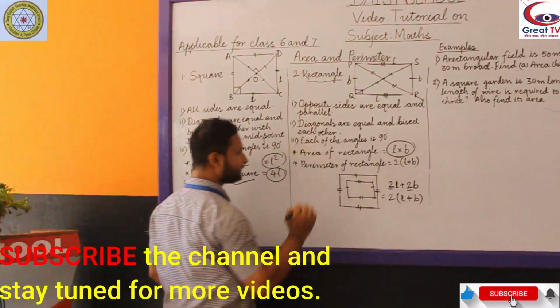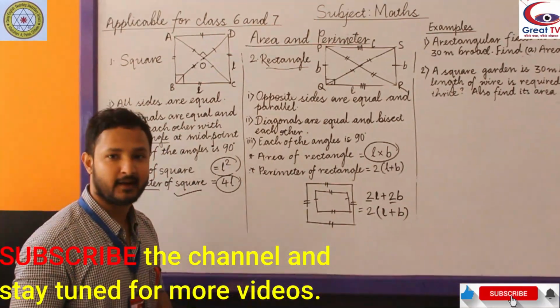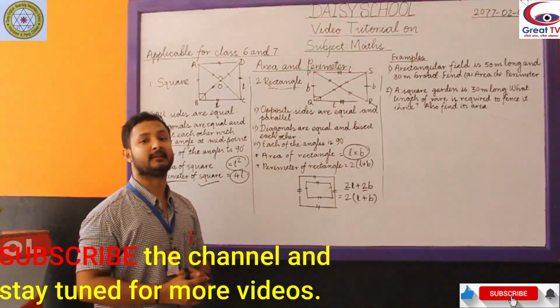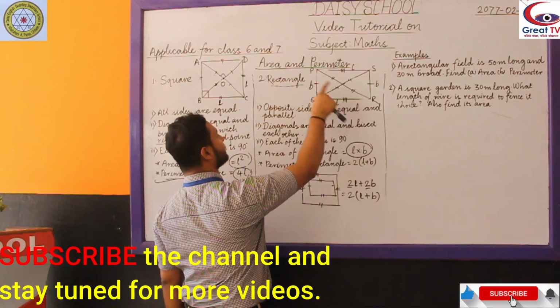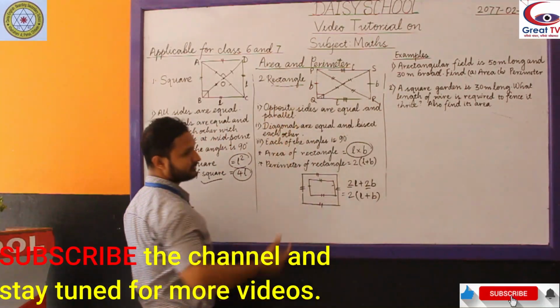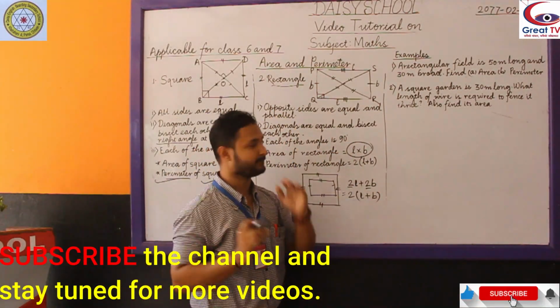Area of a rectangle, L into B. So to find the area of a 2-dimensional figure, we have to multiply the 2 adjacent sides. When we multiply 2 adjacent sides, we get L into B in a rectangle. That's why the formula to calculate the area of a rectangle is L into B.